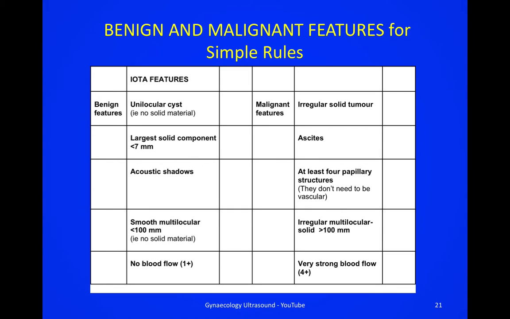Malignant features are an irregular solid tumour, ascites, at least 4 papillary structures which don't need to be vascular, an irregular multilocular solid mass of more than 10 centimetres, or very strong blood flow. These are the features used in simple rules.